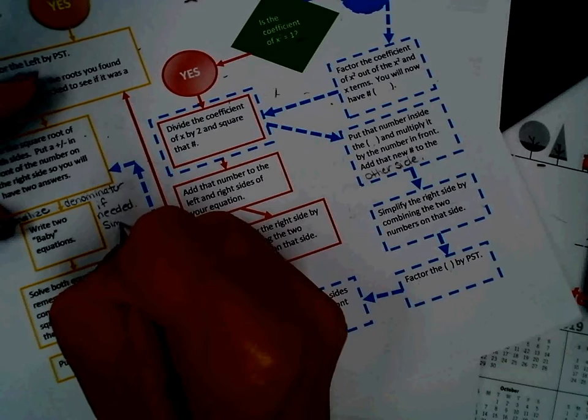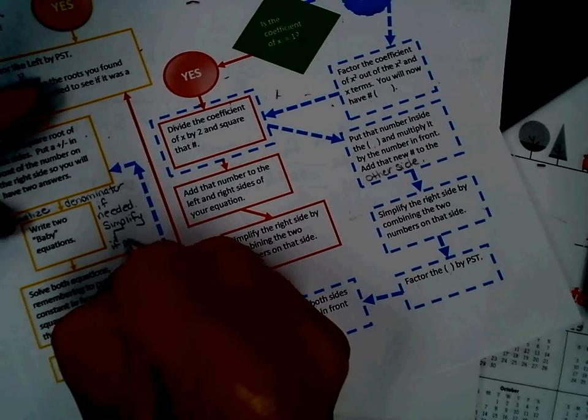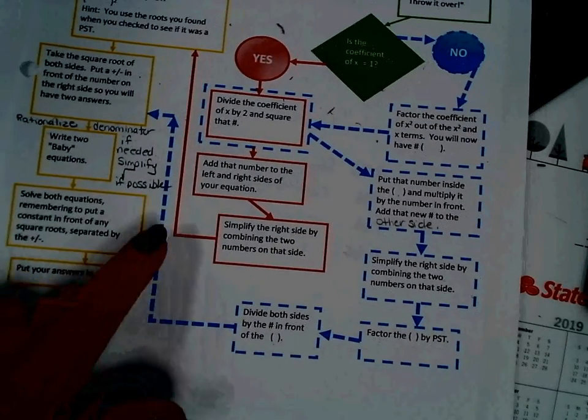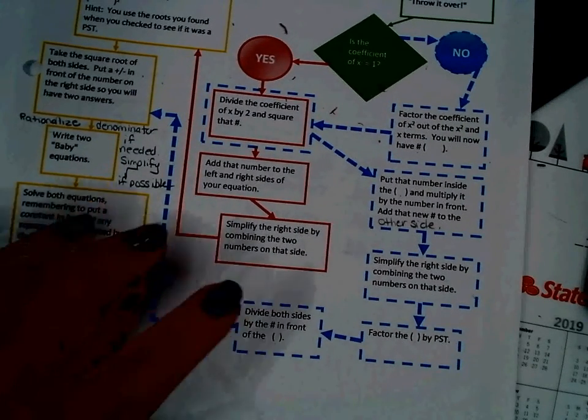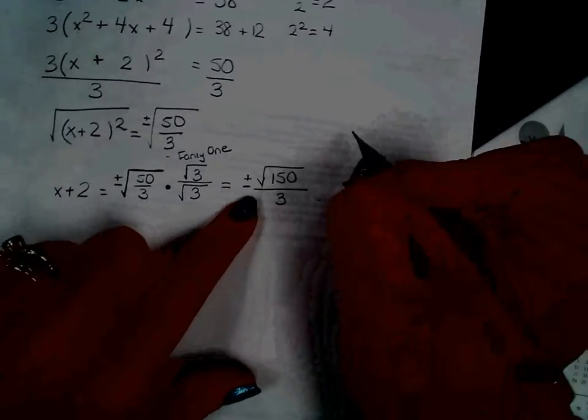So we rationalize the denominator, and then we are going to simplify the square root if possible. Simplify the square root if possible. Okay? So, can I simplify the square root of 150?